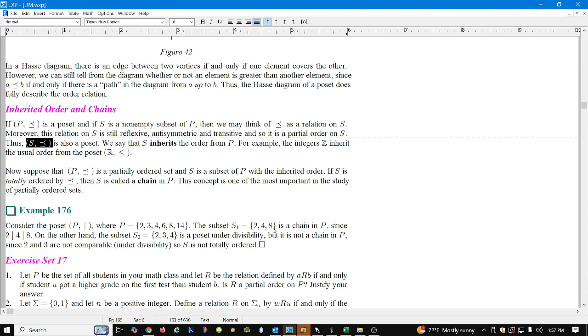Therefore, it is referred to as a chain in P, because 2 divides 4, which divides 8. {2, 3, 4} is a poset under divisibility. It inherits divisibility from P, but it's not a chain because 2 and 3 are incomparable under divisibility. So S2 is not totally ordered.